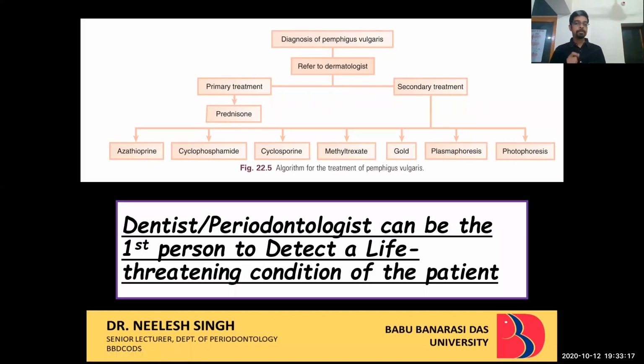A very important point after reading all this detail is that the dentist and the periodontologist can be the first person to detect a very life-threatening condition of the patient. And we need to refer to more specialized care like dermatology, ophthalmology, and other specialized care, so that the patient is in the hands of the specialist before the condition worsens.